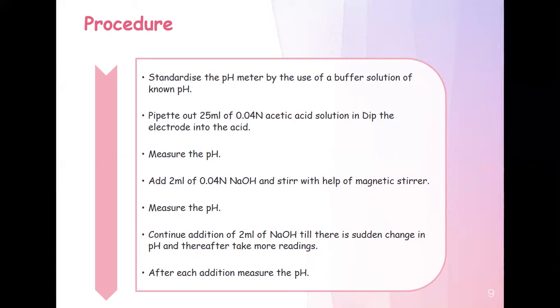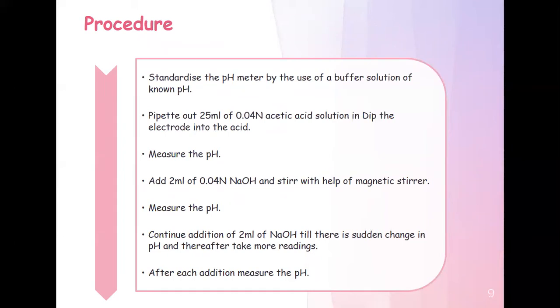Pipette out 25 ml of 0.04 normal acetic acid solution and dip the electrode into this acid. Then measure the pH of that 0.04 normal acetic acid. Then add 2 ml of 0.04 normal NaOH and stir with the help of magnetic stirrer.